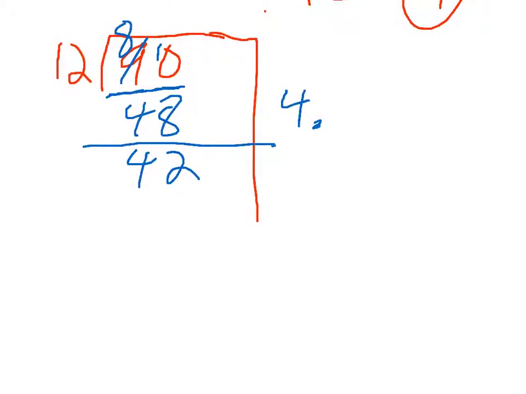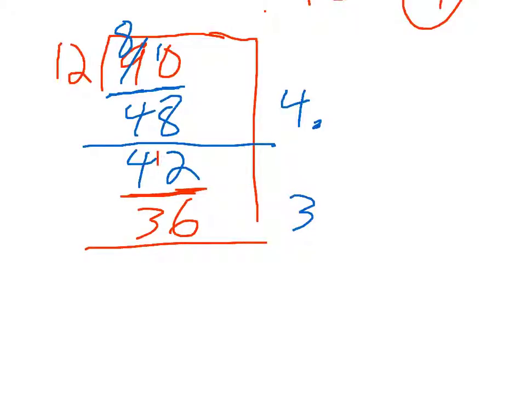Now I have 42 divided by 12. Well, I know that 12, 24, 36. So that would be 3 times. And we are still in the 1 spot right here. 12 goes into 42 3 times, and we're still in the 1 spot. 3 times 12 is 36.